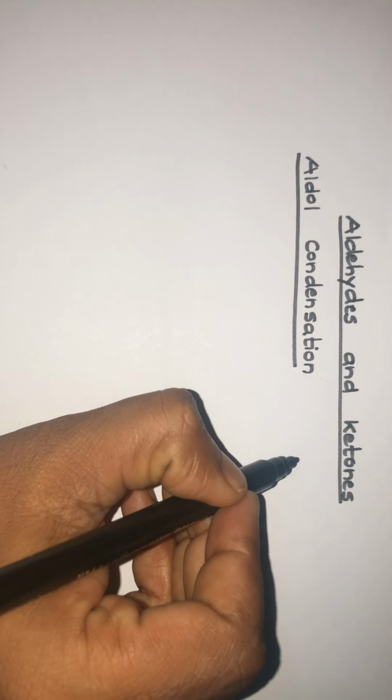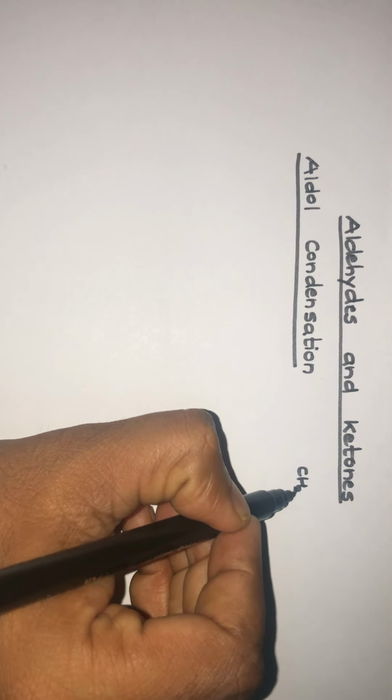These beta hydroxy aldehydes or ketones are collectively called aldols, and the reaction is generally referred to as aldol condensation. So first let us see what this alpha hydrogen is.